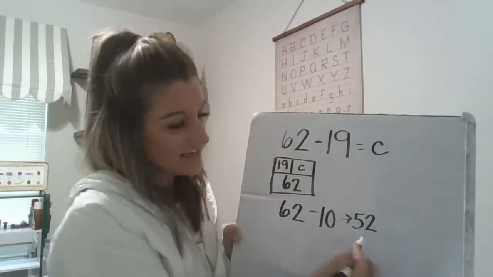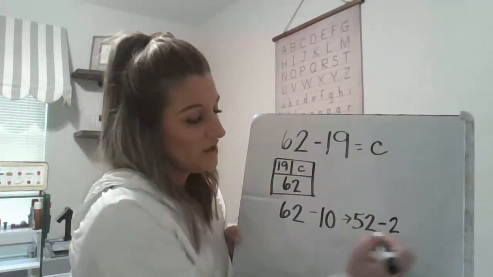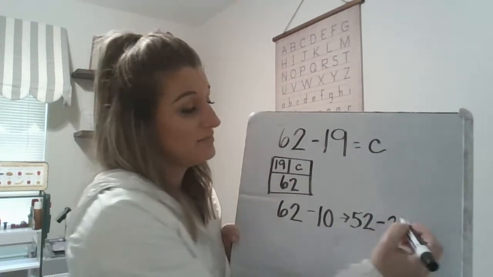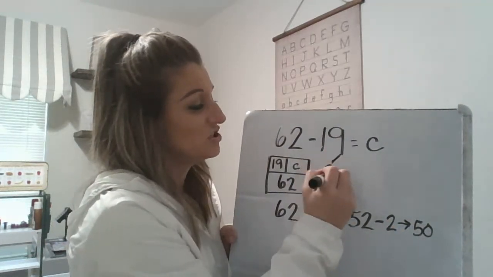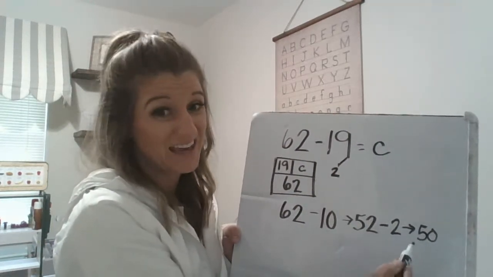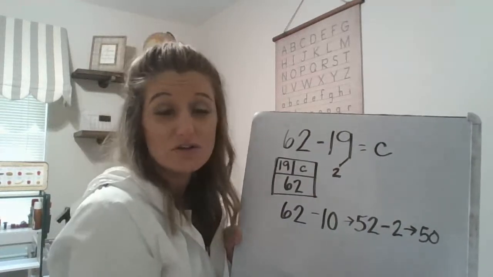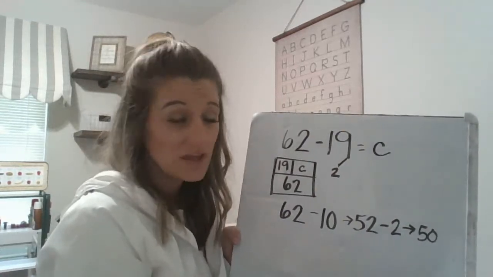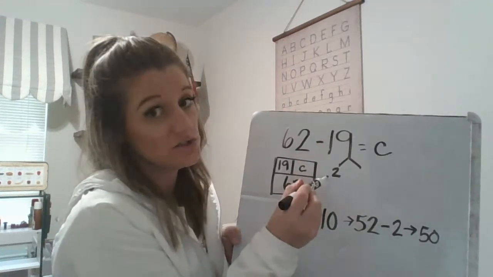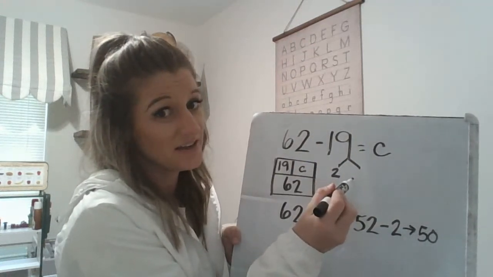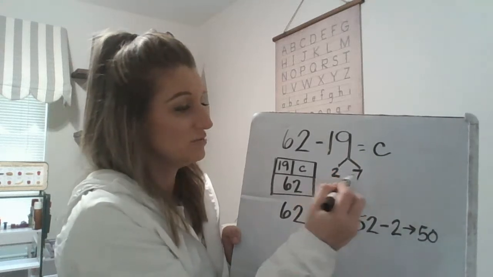So if I take out the 2, I'm going to be left with 50. Okay, so look, I just took out 2 of these because I wanted to get back to a 10. Anytime you can get back to a 10, you can use your tens friends to help you. So what else is it, guys? If I had 9, but I already used 2 of them, how many will I have left? 7, because 2 plus 7 make 9.